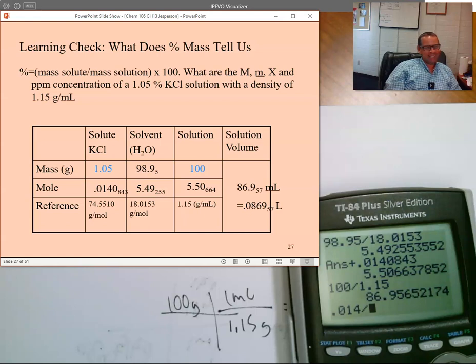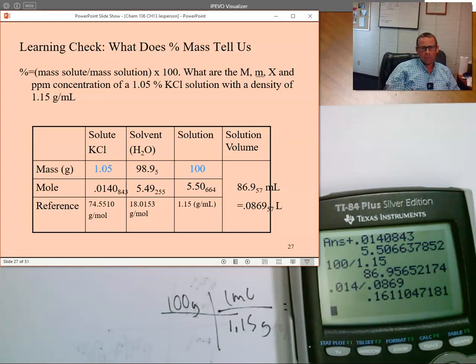All right, so we got 0.014 moles. And then what did you do, Aisha? Divided by 0.0869. Very good. So about 1.161 molar, is that right? Yes.